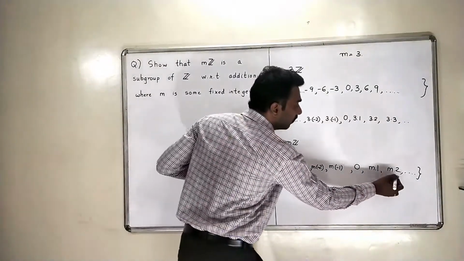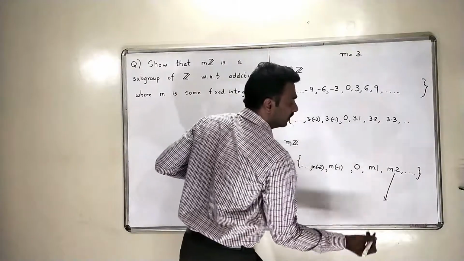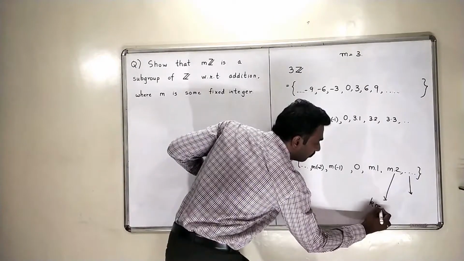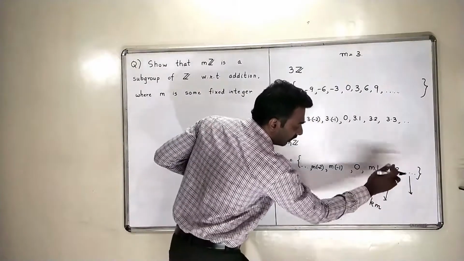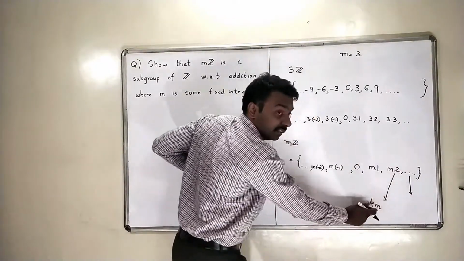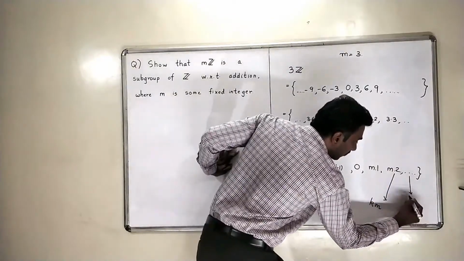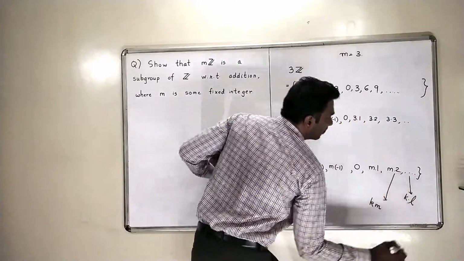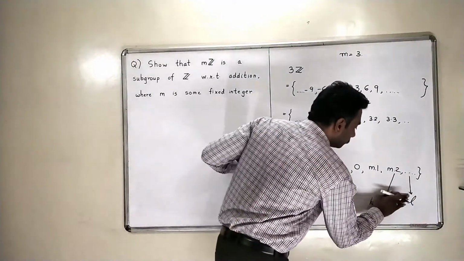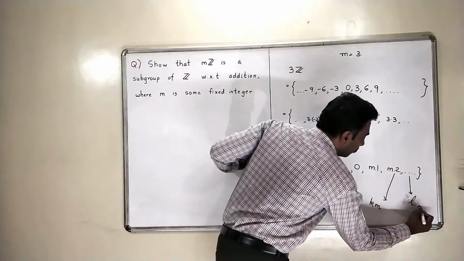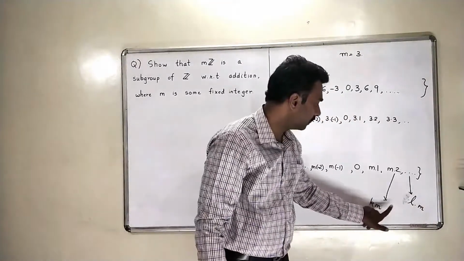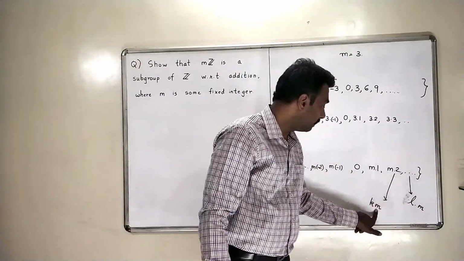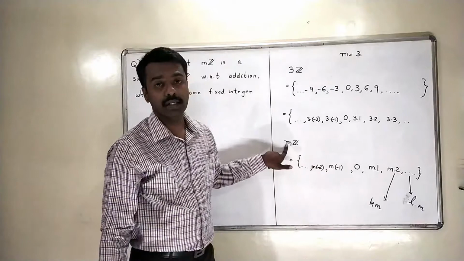I will pick arbitrarily two elements: the first element will look like k times m, where k is an integer and m is our fixed integer, and the other element of MZ will look like l times m. The k and l are integers, and this m is our fixed integer which we have multiplied to all the elements.